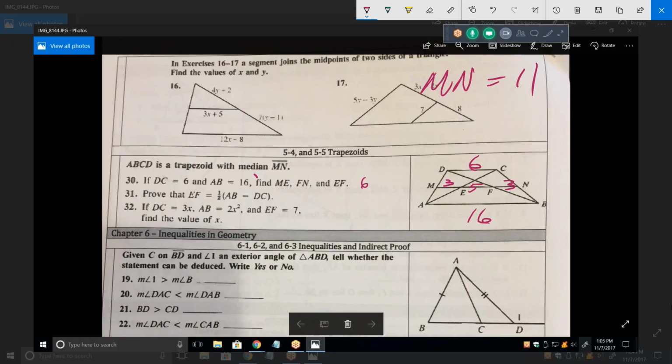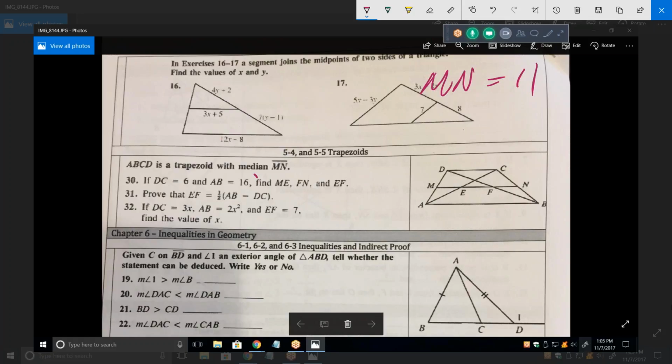Now, again, question 31 does not assume that question 30, right? Okay, so I have to start from scratch. Prove that EF, well, maybe this is going to tell us, is equal to half of AB minus DC.